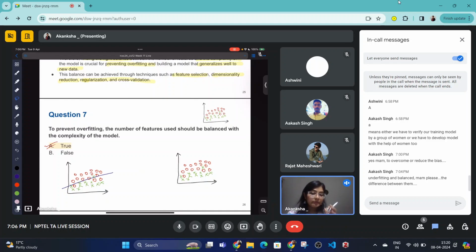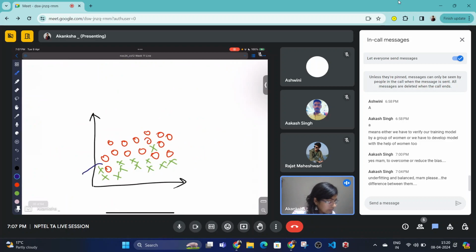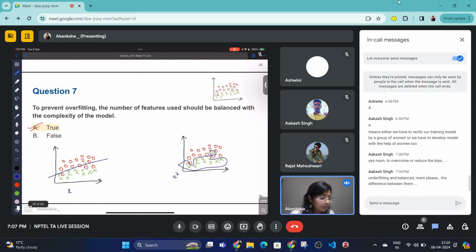So for the complexity, we want something which is balanced, not very low complexity, not very high complexity. Very high complexity would be like we want each and every instance to be classified perfectly. If I design a classifier like this, this will be a curve of very high degree, suppose x raised to power 7, something like that. This is x raised to power 1, right?